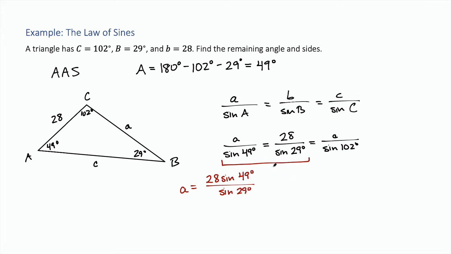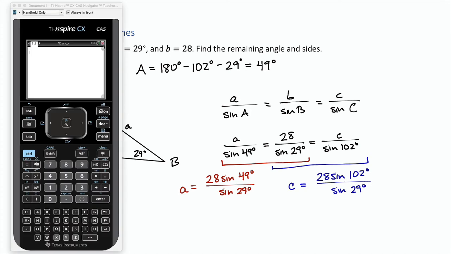And likewise, we've got this equation that allows us to solve for c. And so we can take this equation and multiply both sides by sine of 102. And we get c equals 28 sine of 102 degrees over sine of 29 degrees. And so we can plug those into our calculator and get our two sides.